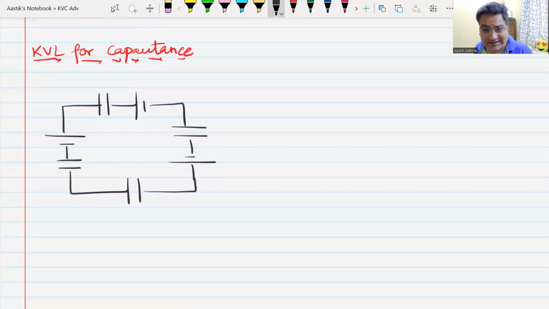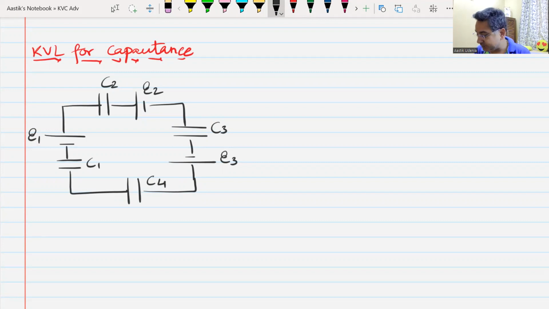Remember, all the capacitors are initially uncharged. So I have made 3 batteries and I think 4 capacitors.